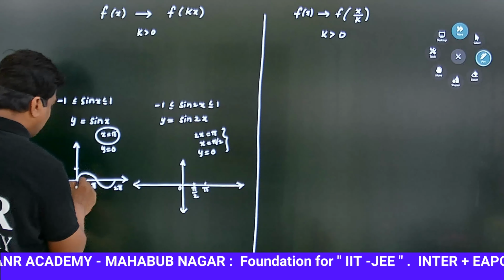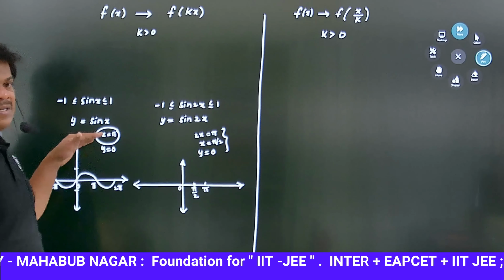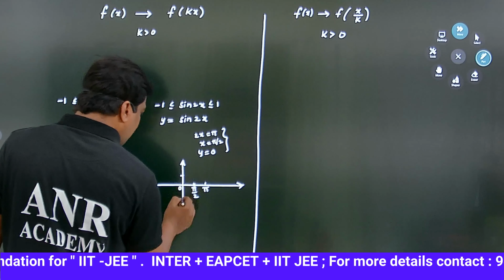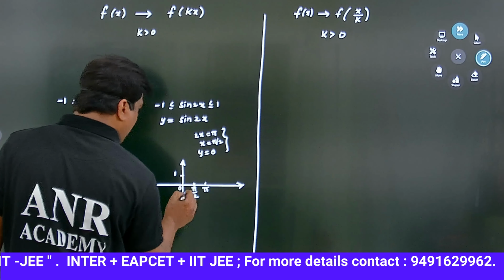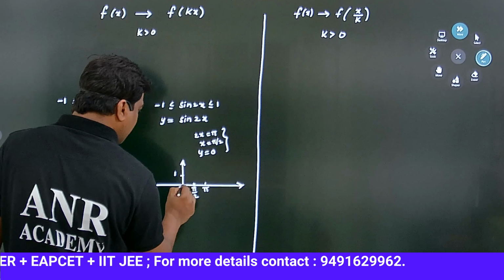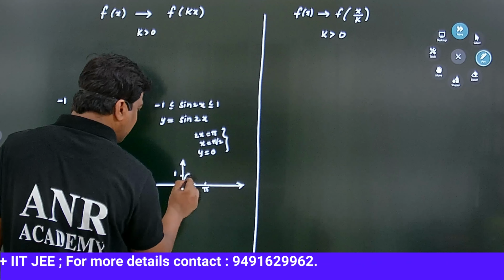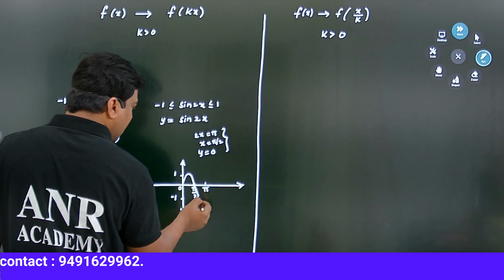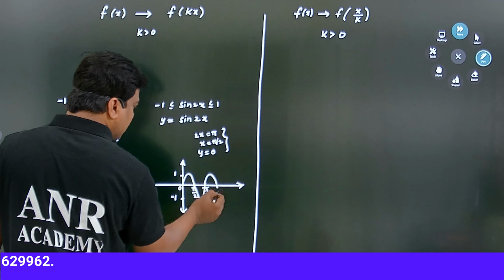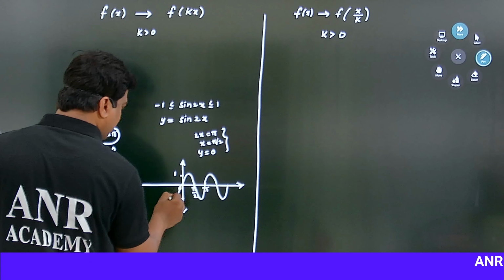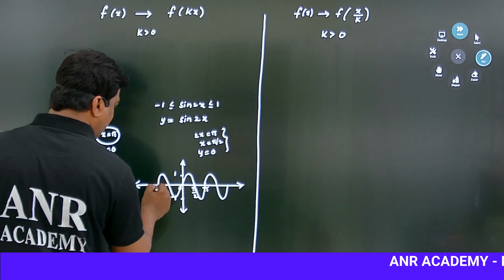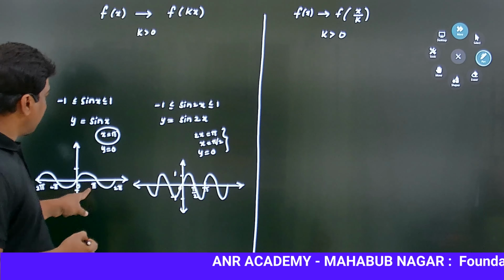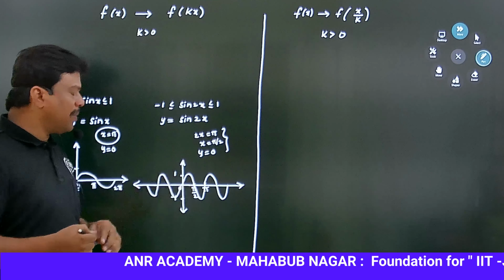So there is no change in the range of the function, only the graph exists with the same range, and in advance it becomes 0 like this. Here at x equal to pi it is 0, but here at x equal to pi by 2 it is 0.